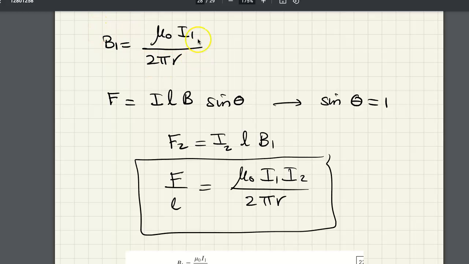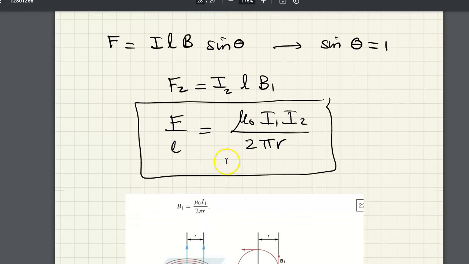We can substitute this value of B1 here. Then, because these are very long wires, we call this the force per unit length: F over L equals mu0 I1 times I2 divided by 2 pi r.